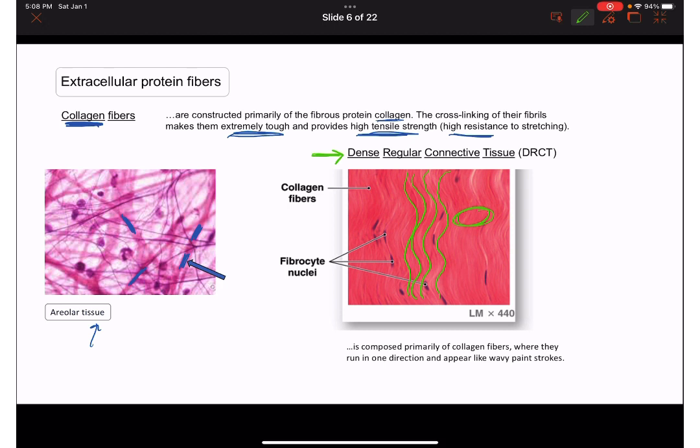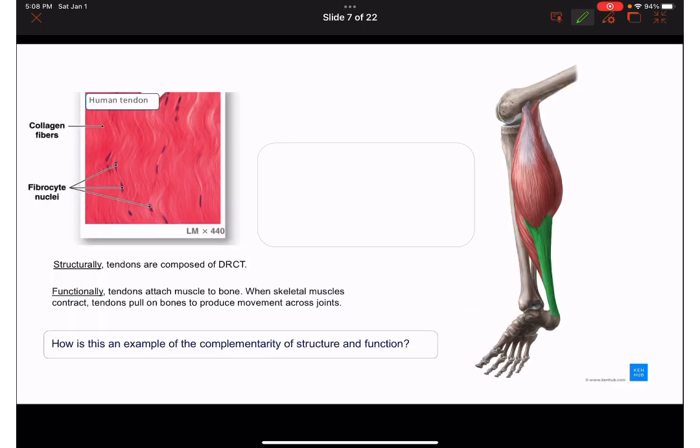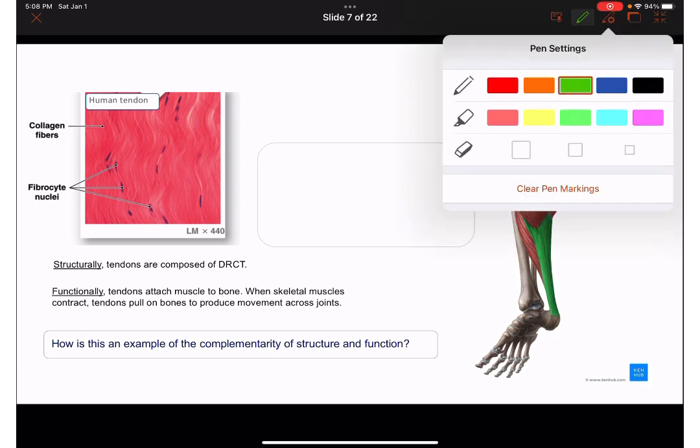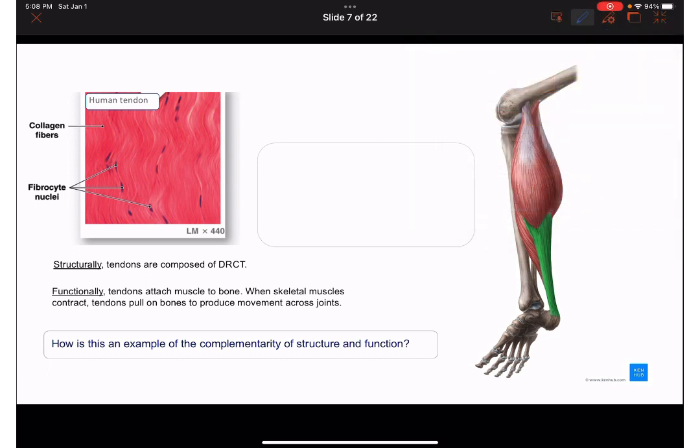And that's why it's considered a dense connective tissue, because it's densely packed with these collagen fibers. Now, where are we going to find dense regular connective tissue with all of these collagen fibers? And by the way, all of these collagen fibers are running in one direction.